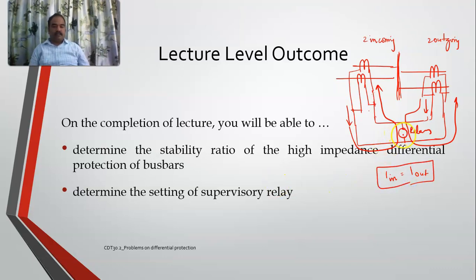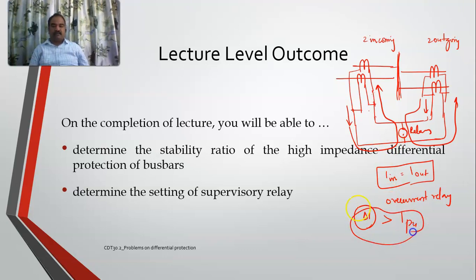Here I will be placing an overcurrent relay which will detect the currents, incoming current and outgoing current, and the difference, literally the difference between incoming current and outgoing current. So delta I is observed in your overcurrent relay. Normally, this overcurrent relay will be adjusted to have a pickup value.